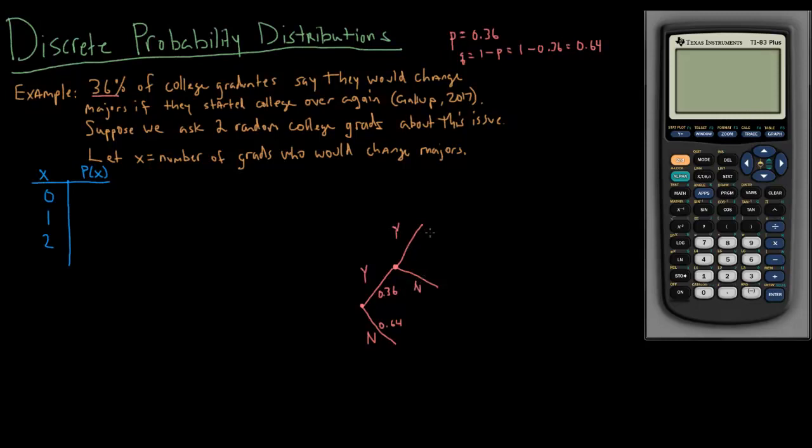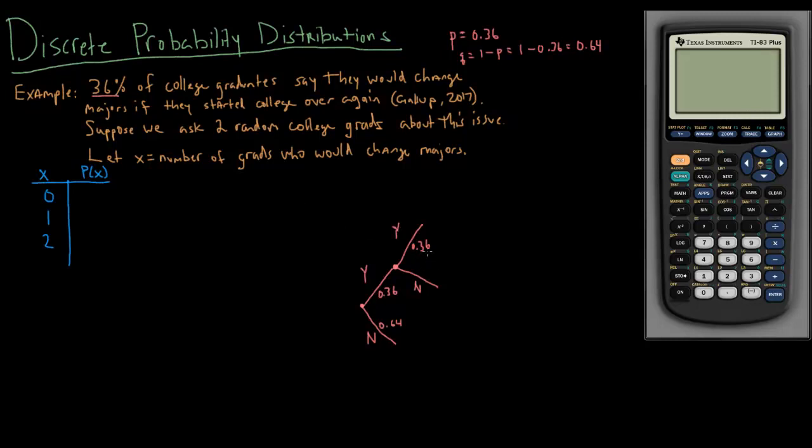And what's the probability? Again, it's 0.36. We're assuming these events are independent because we're picking people at random. So if I pick somebody from Florida, then I pick somebody from California, we're assuming those people don't know each other, and they went to different schools, and they're in no way related. So the events would be independent.